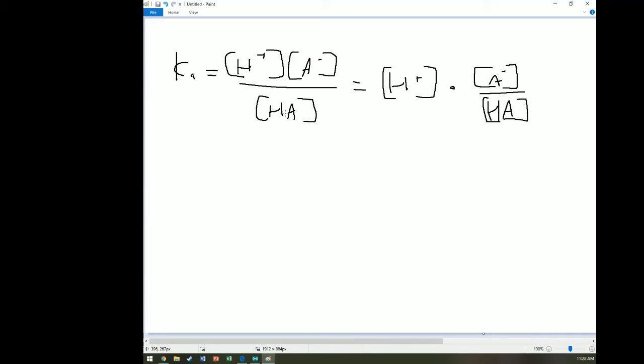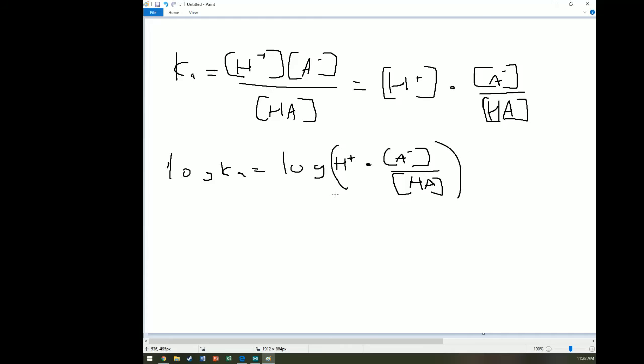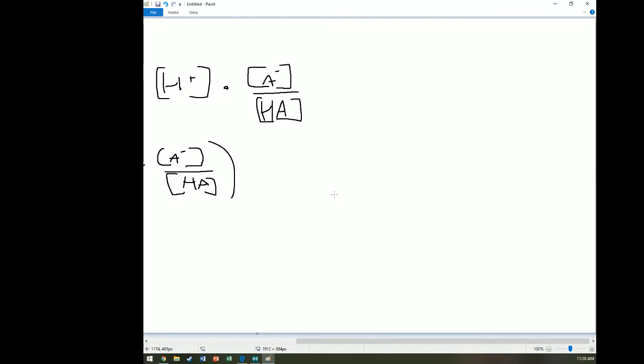Right? Now let's take the log of both sides. So we get that log Ka equals log of H plus times A minus over HA. Now, from the rules of logarithms, we can further split this up.